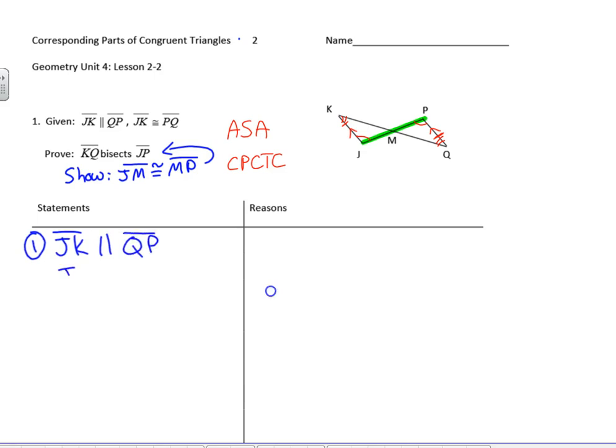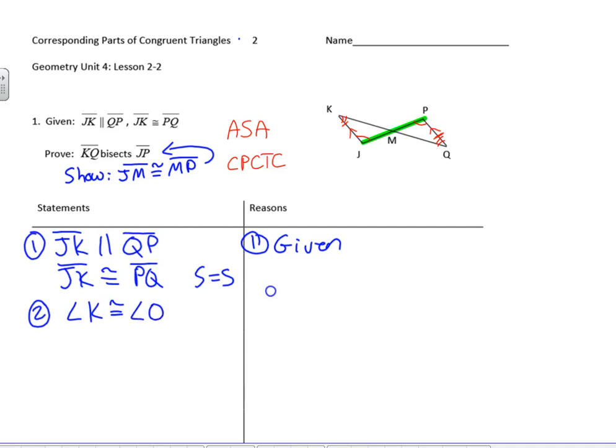So we're given here that we've got the parallel side, we've got the congruent side. All right, that's given. What did we accomplish there? We did a side congruent to a side. So step 2, I'm going to say that angle K is congruent to angle Q, and angle J is congruent to angle P, and that's because the lines are parallel.